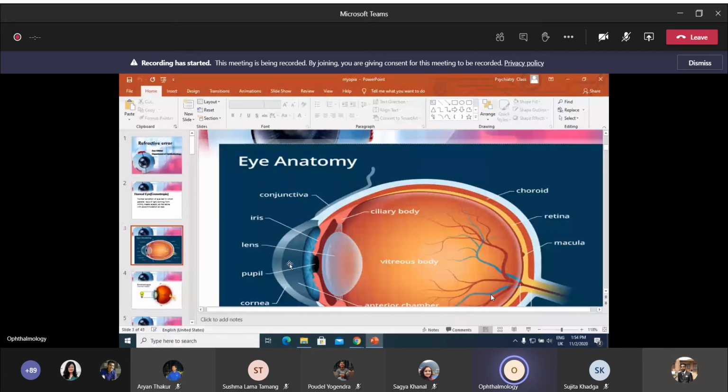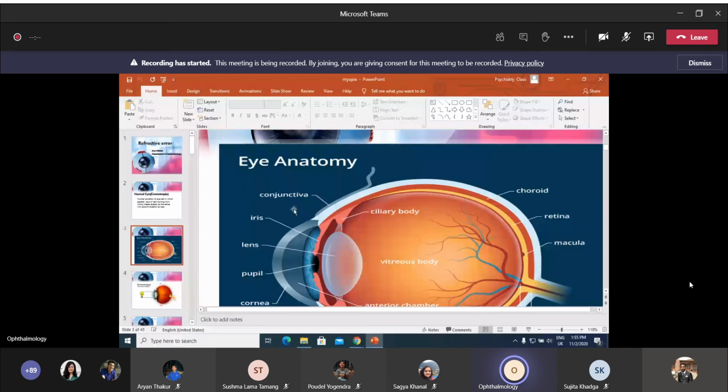This is the iris, and this black hole is called the pupil, and this is the lens, this is the ciliary body, and this is the vitreous chamber, which includes vitreous humor, and this is the retina, and this one is the choroid, and the white part that surrounds the whole eyeball is called the sclera.